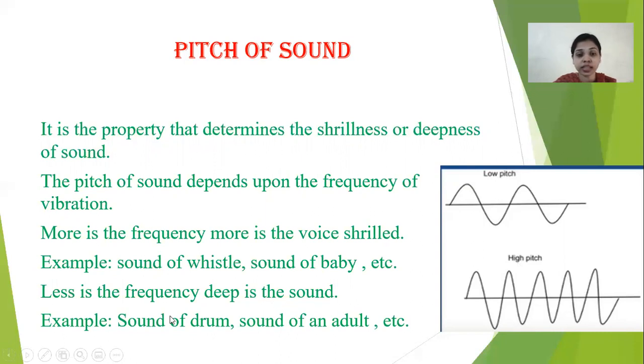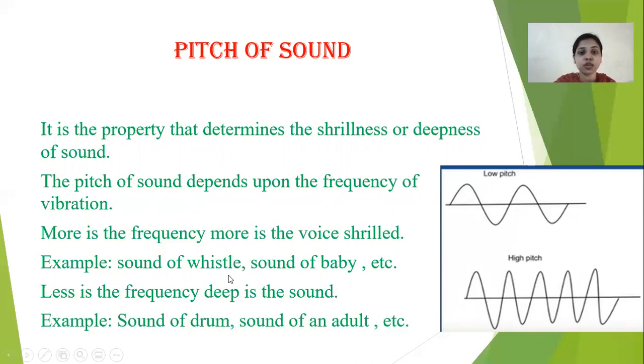For example, the sound of a drum, the sound of an adult man, and the roaring of a lion are all examples of low frequency and low pitch. Here the frequency is maximum, meaning a high pitch. If the frequency is high, the voice is shrill.